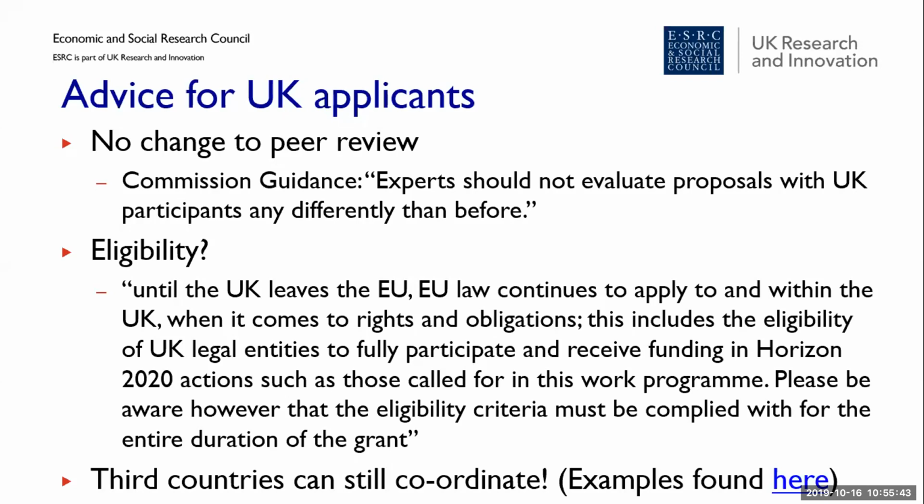So I think this just means that if you're including UK researchers in a consortium, you should make sure that you have at least 3 other member states and associated countries. Now, I think this is pretty normal practice anyway. The consortia are normally a lot bigger than 3 participants, and I think to be on the safe side, you'd be wise to include more anyway. But if you do have any questions about this, let me know.